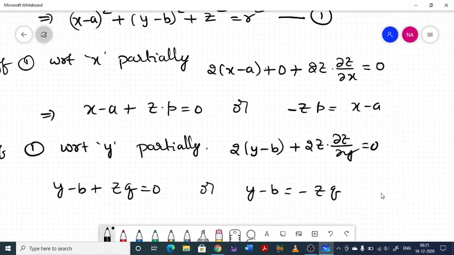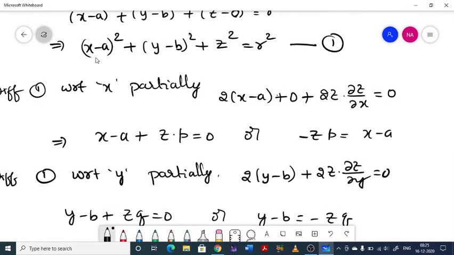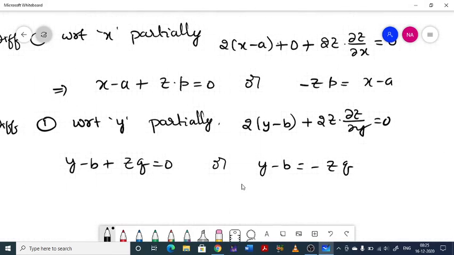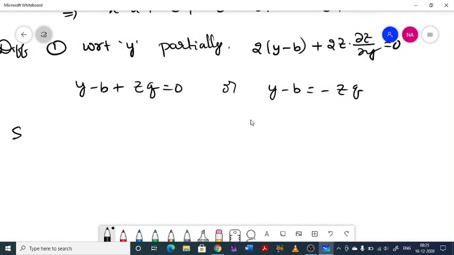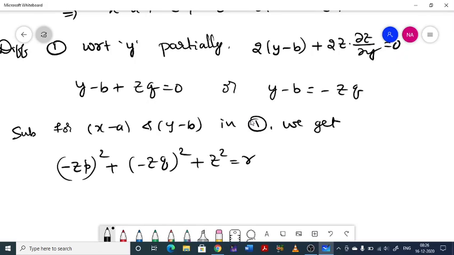Now substituting for x minus a and y minus b in equation 1. In place of x minus a I can write minus zp. In place of y minus b I can write minus zq. So what do we get? Minus zp whole square plus minus zq whole square plus z square equal to r square.